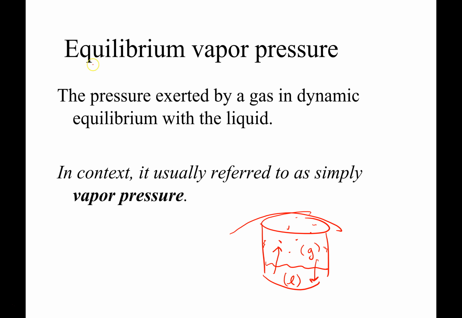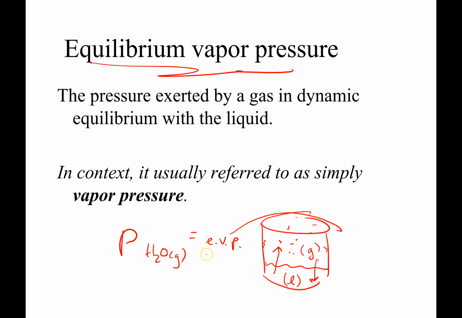So when we're talking about the equilibrium vapor pressure, I could isolate those cute little H2O gas particles and look at the pressure they have, and that's my equilibrium vapor pressure. I'll put P sub H2O gas. That is my EVP, equilibrium vapor pressure.